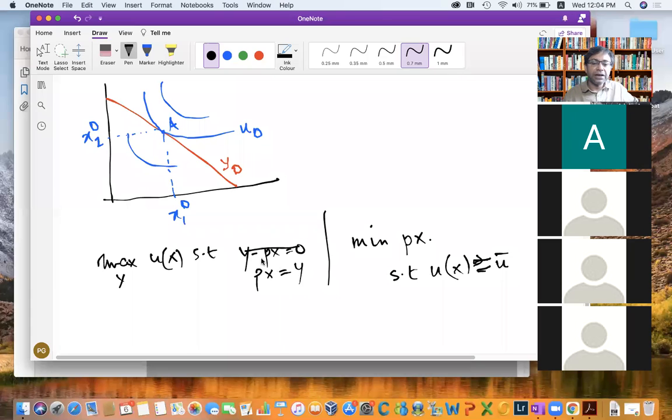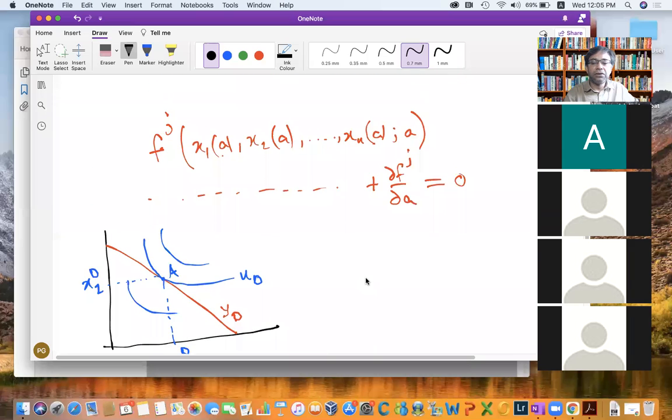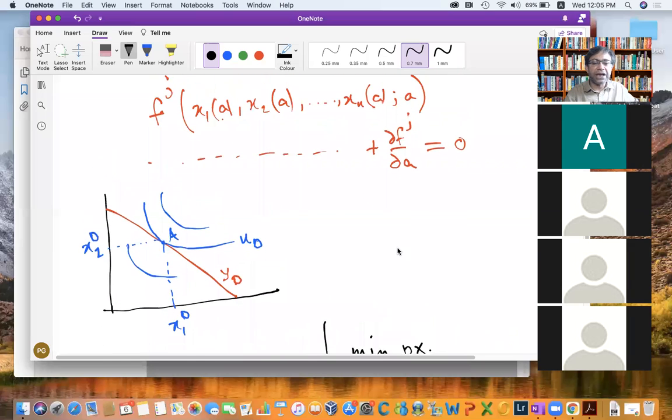Yes. The left-hand side of the constraint becomes the objective function in this problem. So these are called dual problems. They are like mirror images of each other.